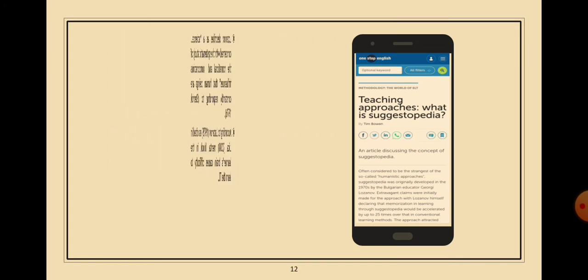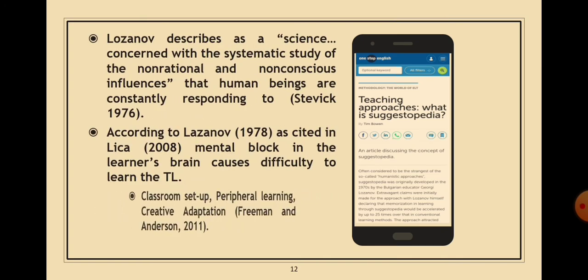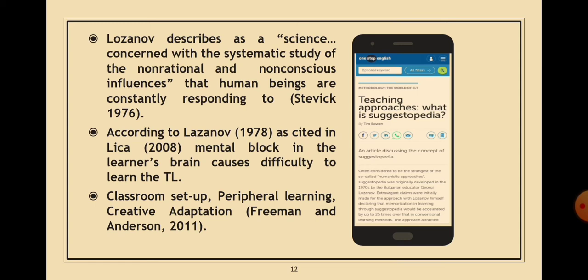And lastly, we have Suggestopedia. This method eliminates negative feelings or association towards learning and helps students overcome the barriers of learning. These barriers refer to the affective filters. For example, if the learner has a doubt or has a fear to produce utterances of the target language, this method aims to eliminate those affective filters in order for the learner to study the second language.